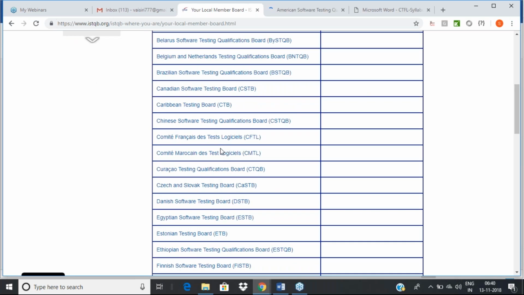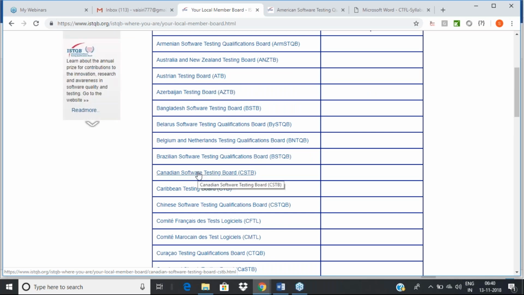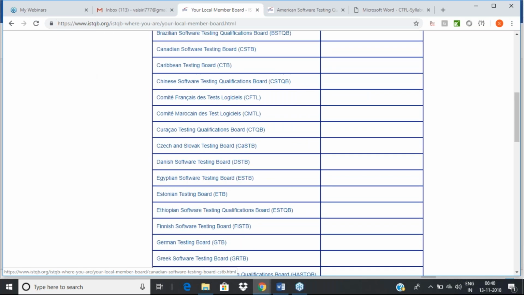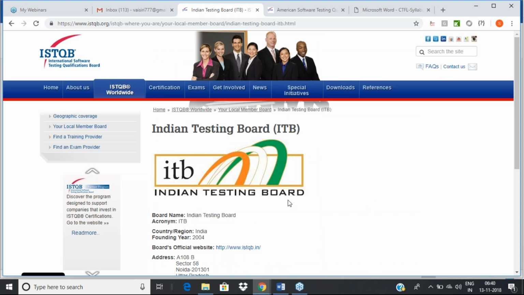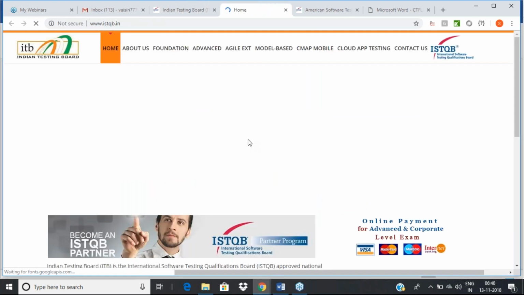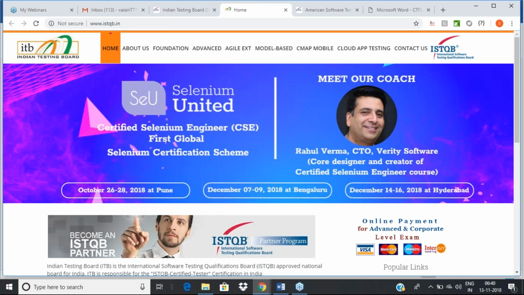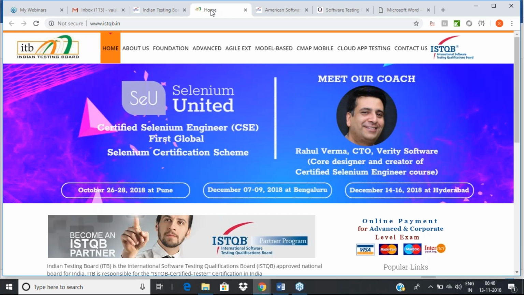If you are in Australia, this is the website for you. If you're in Canada, this is the website for you. Like that, the Indian Testing Board, and you'll find the corresponding links there. Similarly, here you'll find astqb.org. Those in-country websites will have more details about them.